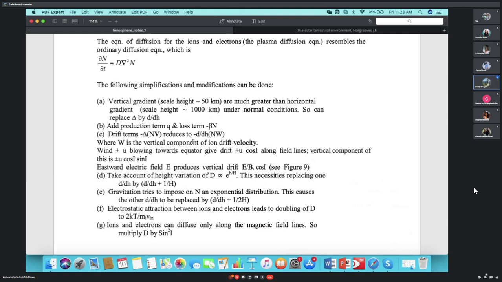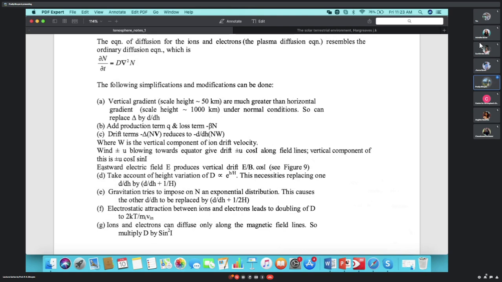Already we know W is the vertical component of ion drift velocity. Wind is plus minus u, blowing towards the equator, giving drift plus minus u cos I along field lines.